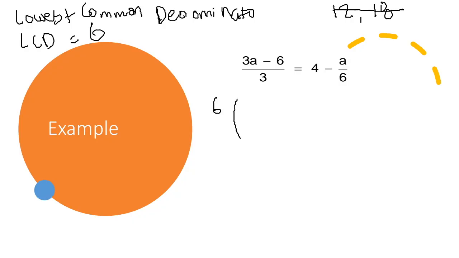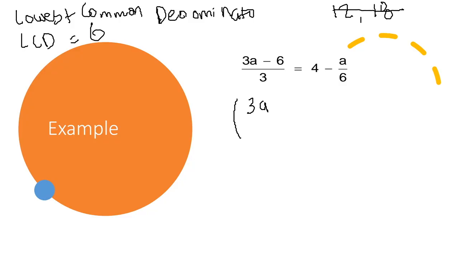So what I'm going to do here is multiply every single term by 6, by my lowest common denominator. Maybe I will write it in a different color. I'm not sure if that's helpful to you, but I feel like it would be helpful to me.